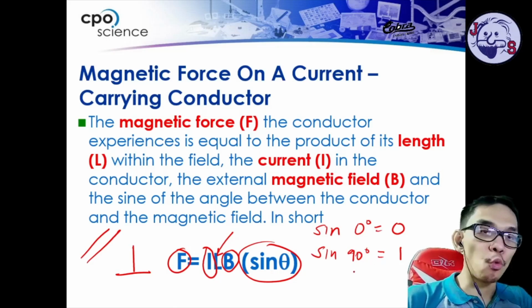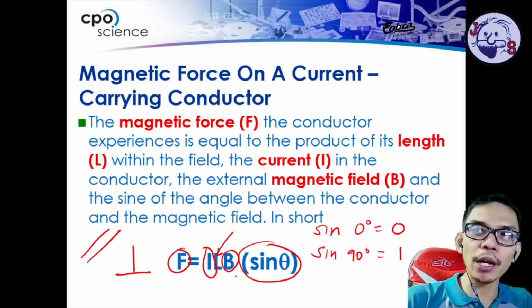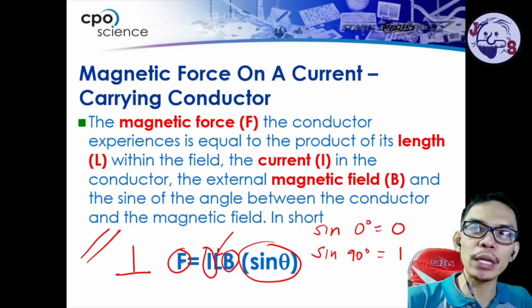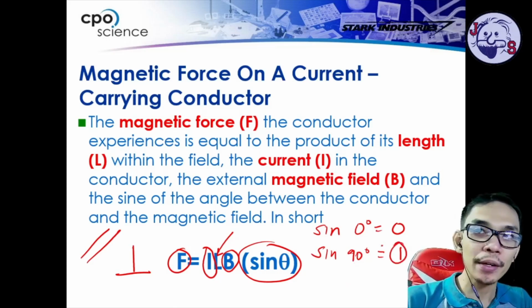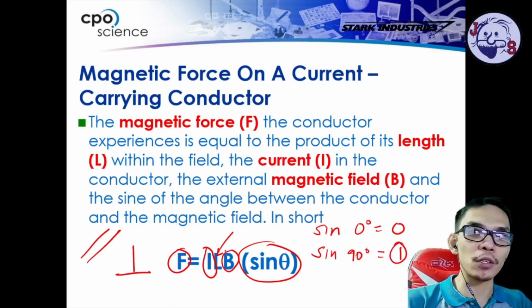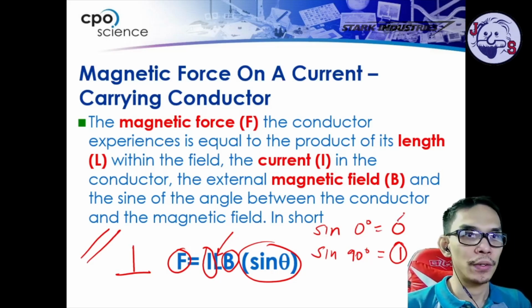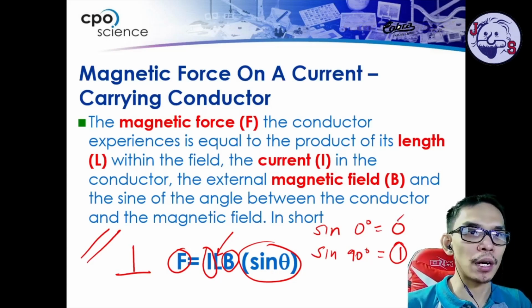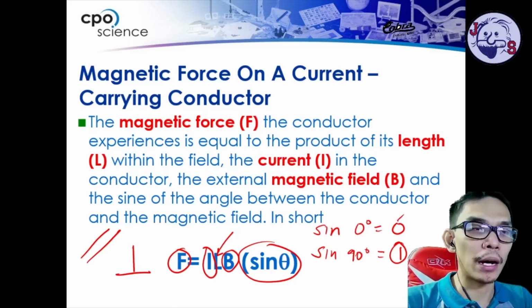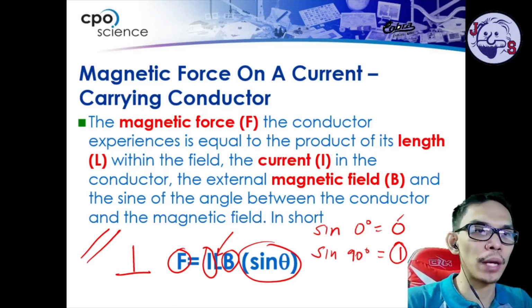If the wire is placed perpendicular to the magnetic field, you will achieve the maximum force. And if the wire is placed in a parallel position, then the force is 0. So what do we have right here?